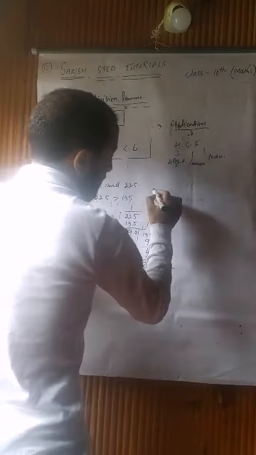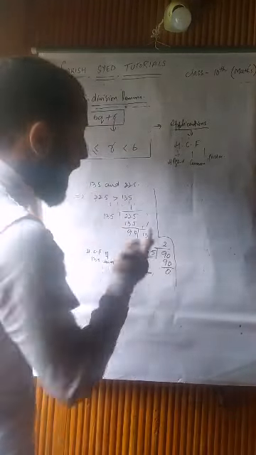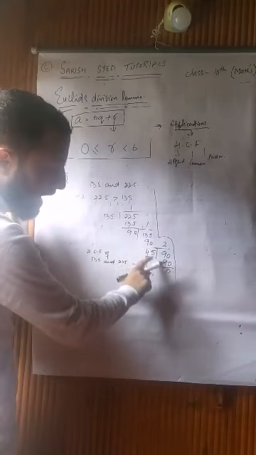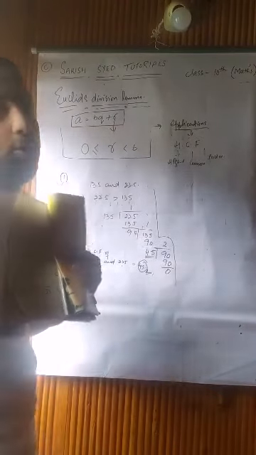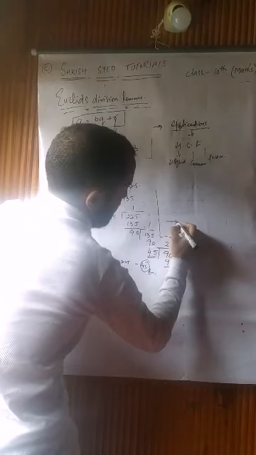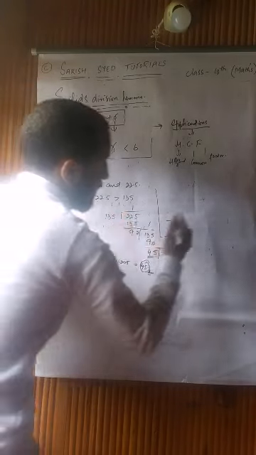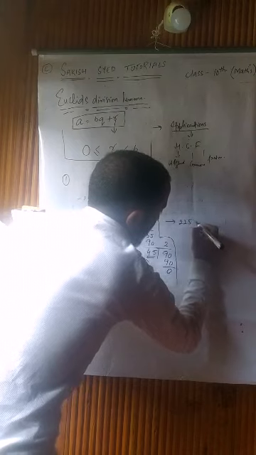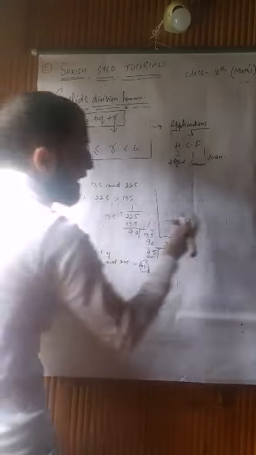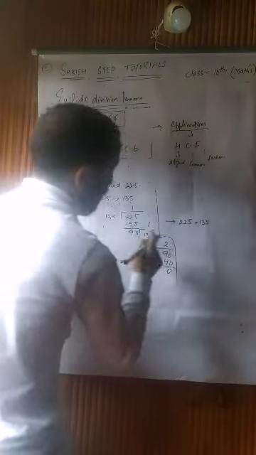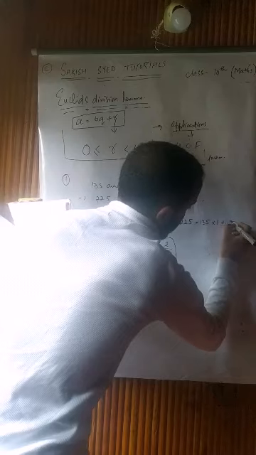But this division is the rough work. I have to write this setup in the relation A equals BQ plus R. First step: A is the dividend, which here is 225. 225 is equal to B, the divisor, 135, into the coefficient 1, plus the remainder 90.